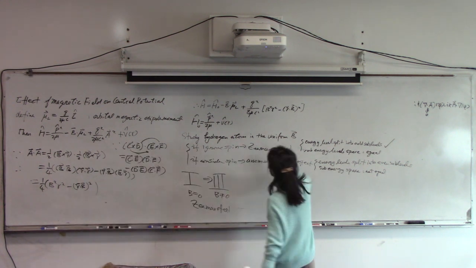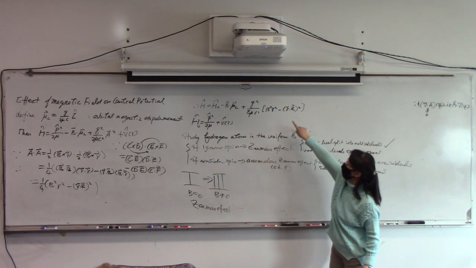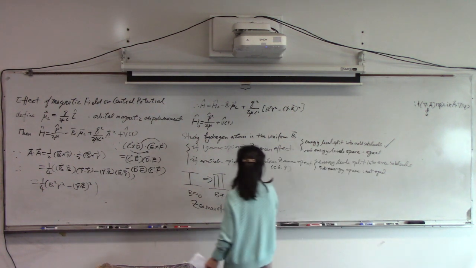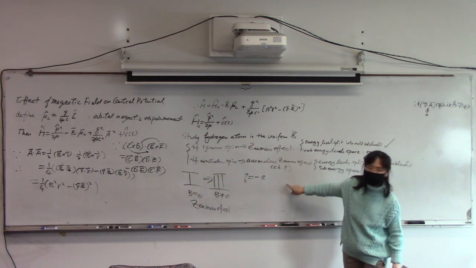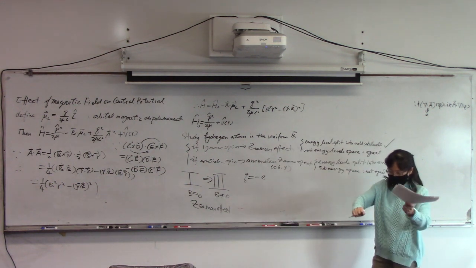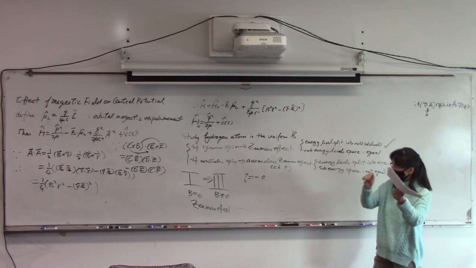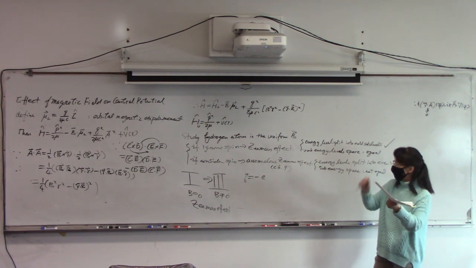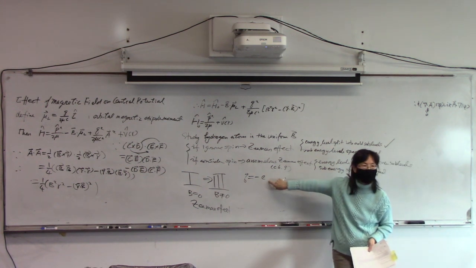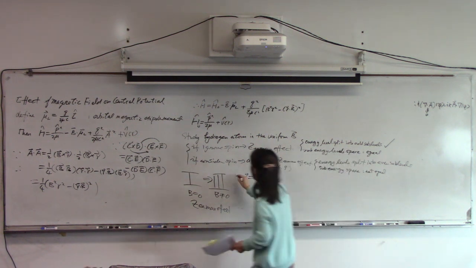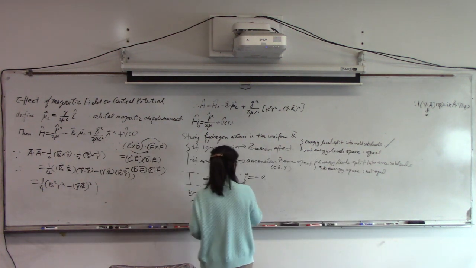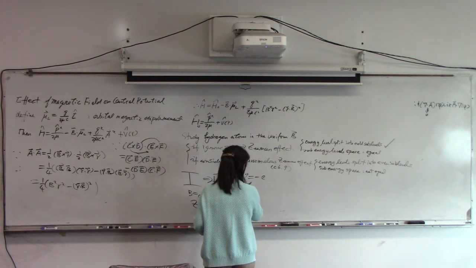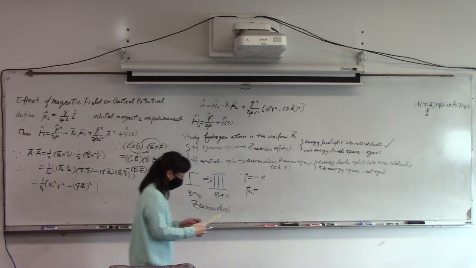Okay, so now we go back to this one, which is for any charge. For hydrogen, Q is equal to the electron's negative charge, right? We reduce the hydrogen two-body system to one single particle with reduced mass, but the charge is this one. And the second one, we are going to rewrite.